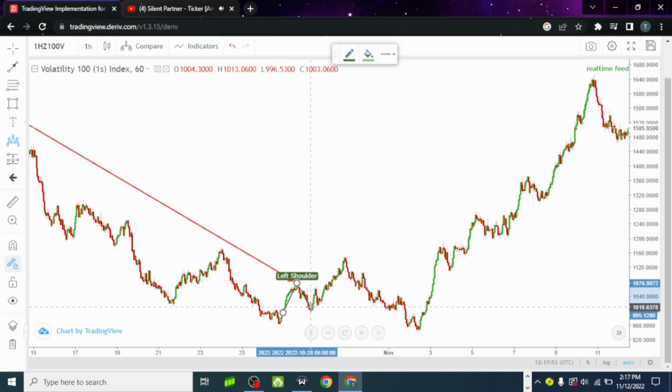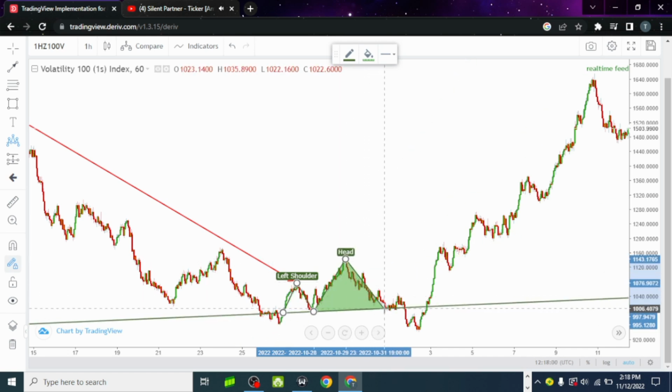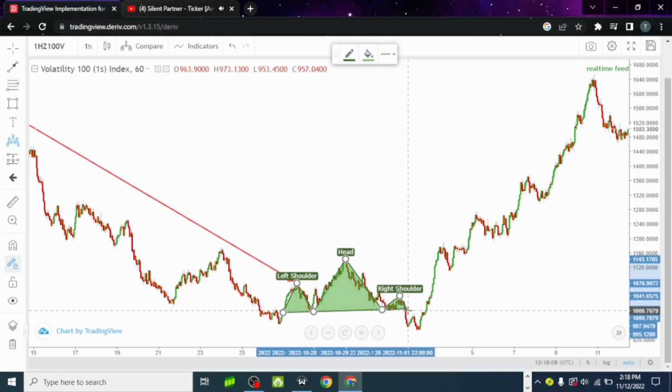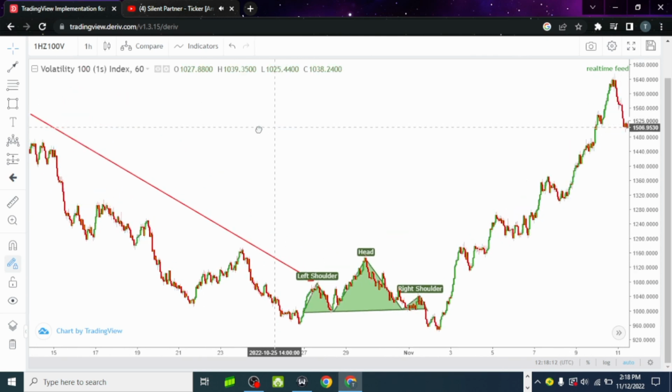This is my left shoulder, as you can see here, and of course I've got the head here. And now I need to highlight the right shoulder. So I've got the right shoulder at this certain point here, and this is where a lot of traders lose.